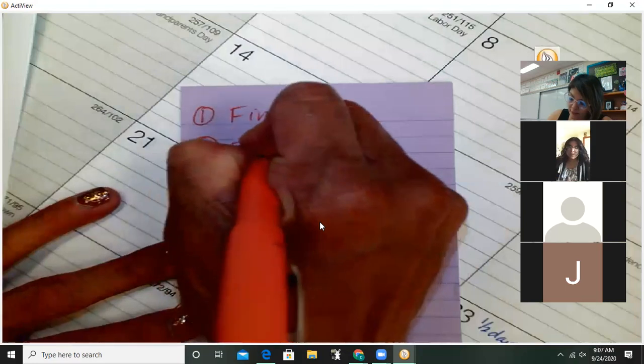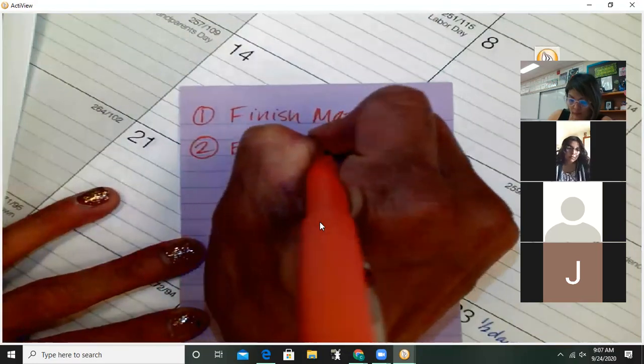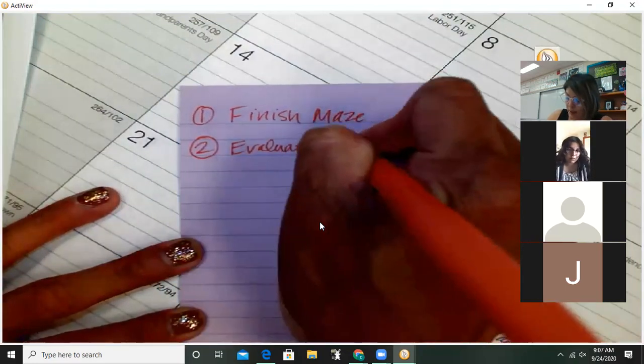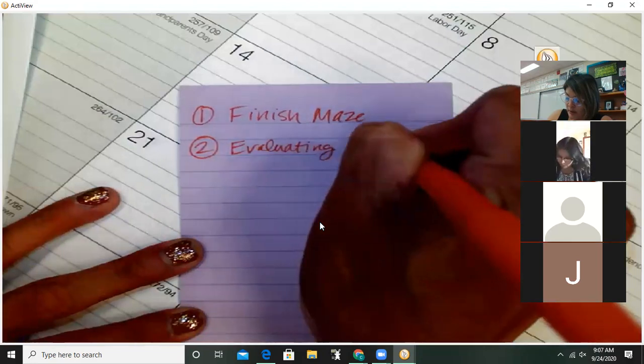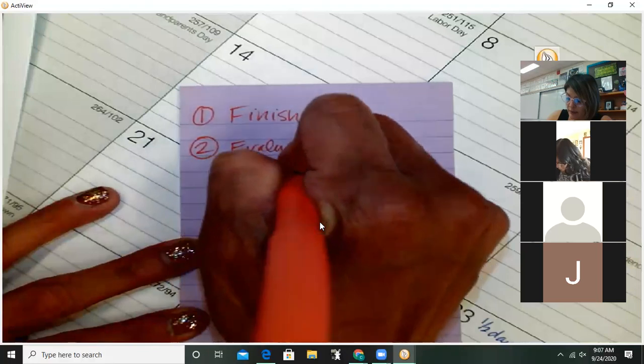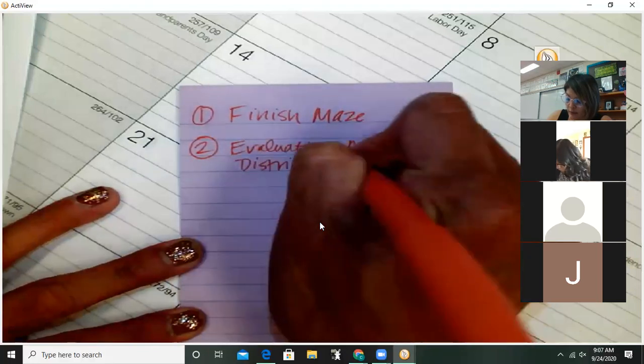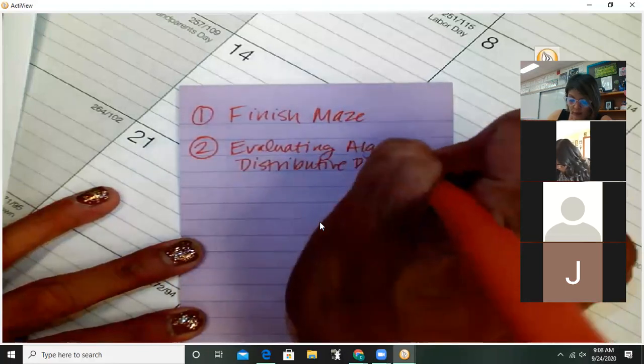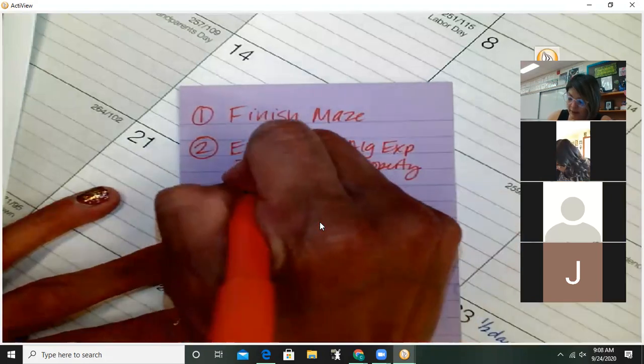evaluating algebraic expressions, distributive property, and simplifying.